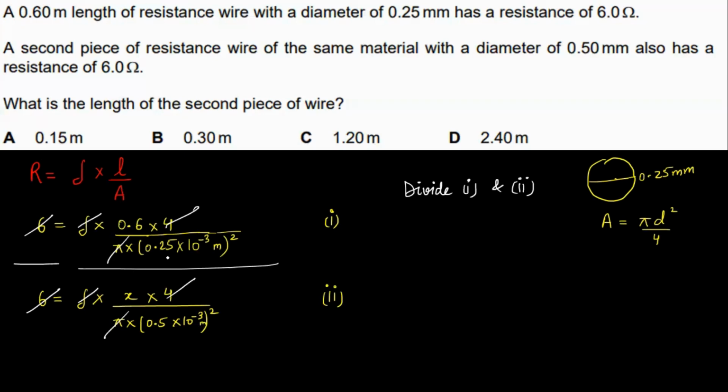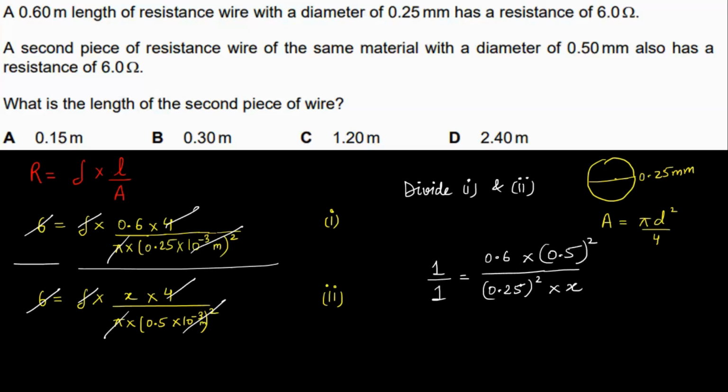Now what remains is 1 upon 1 is equal to 0.6 divided by 0.25 the whole square. Also this and this gets cancelled out, so what remains is 0.25 the whole square, multiplied by x, and this is 0.5 the whole square.